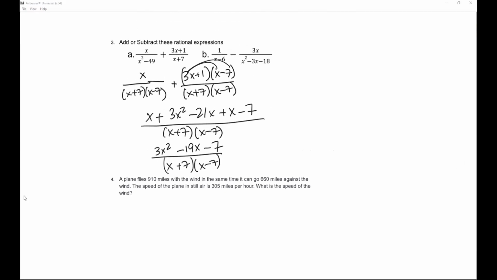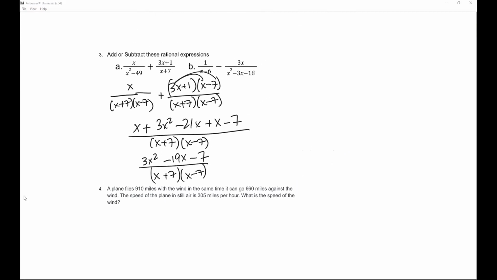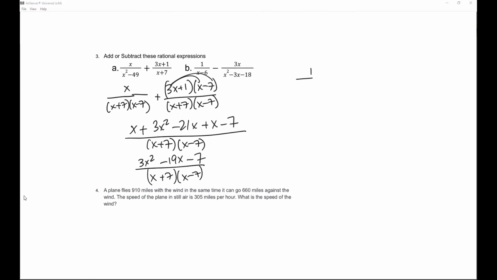Number B is pretty much you have 1 over x minus 6. Factor this out because you want to get a common denominator, 3x, and then it'll be x plus 3, x minus 6. So on this side right here, you need to multiply by an x plus 3 to get the common denominator.